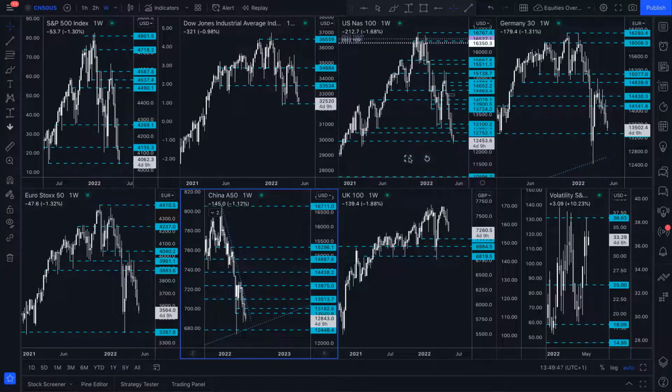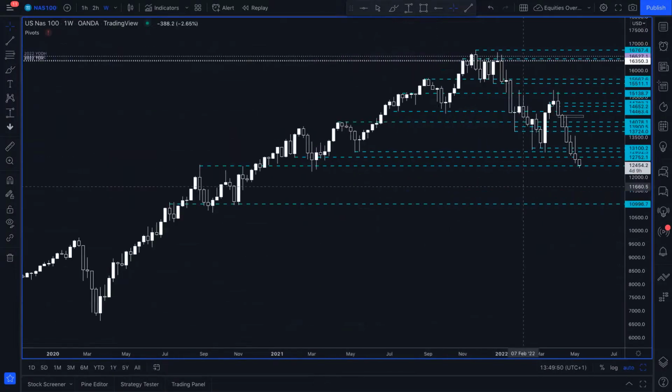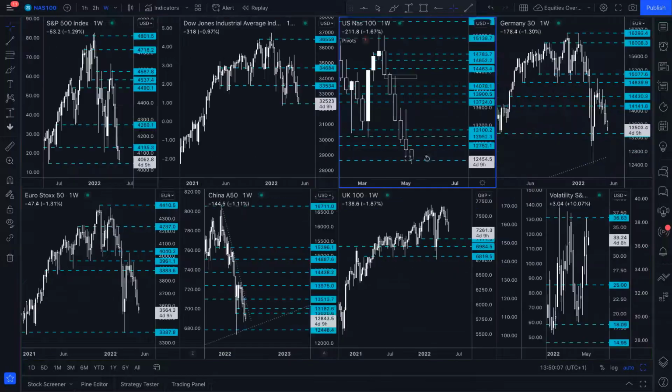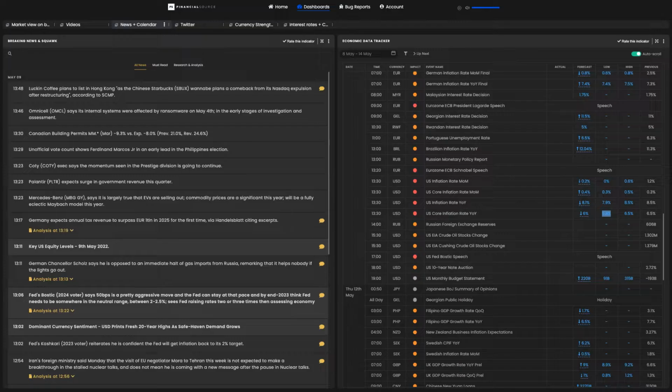So the go-to index we look at is the Nasdaq, upside on Wednesday if we get a low inflation print, because that means the Fed are less likely to have to hike interest rates aggressively, and that's a better condition for stocks. So you'd expect stocks to gain on the back of it. So it's quite a straightforward playbook for the data, but this is going to be crucial for the week.